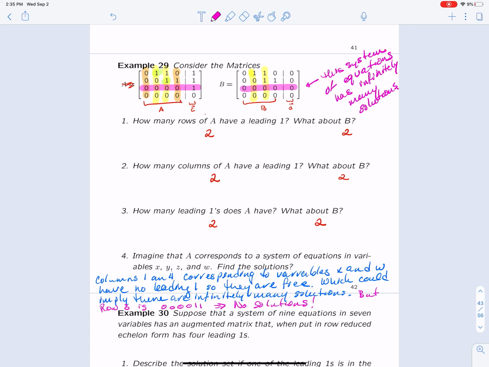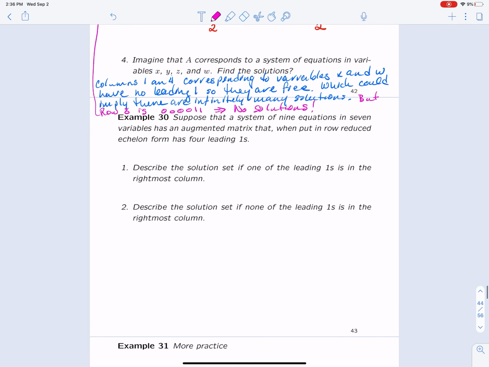Okay, so whereas A has no solutions, B has infinitely many solutions because I don't have the row of zeros followed by 1.